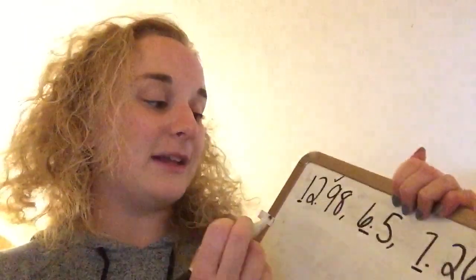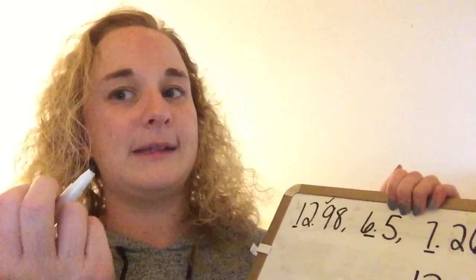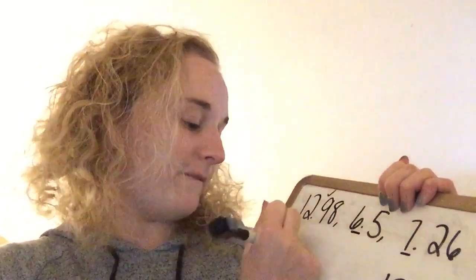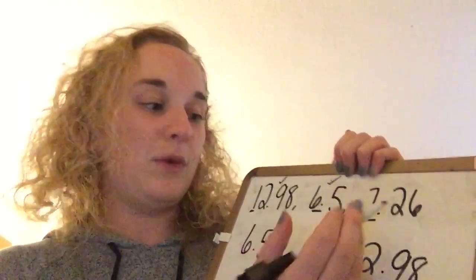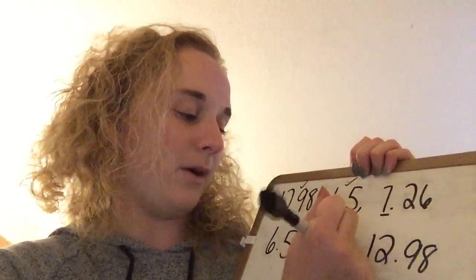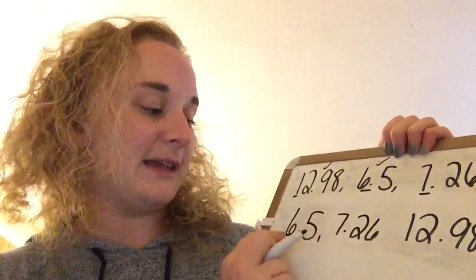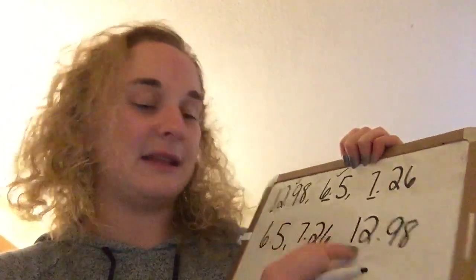So to get my smallest number, I'm looking at a 6 and a 7, and I know that 6 is less than 7. So my first number is going to be 6 and 5/10. I'm going to check it off, which leaves me with 7 and 26 hundredths in the middle, because 7 is more than 6, and 7 is less than 12.